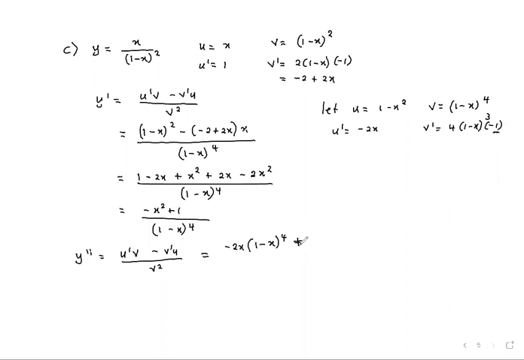So plus 4 times 1 minus x to the power 3 times 1 minus x squared. Everything divided by 1 minus x to the power 8. When you square, that's what we get.